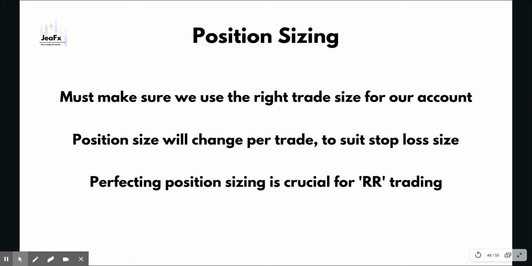We covered stop losses in the last video, and the distance that the stop loss has from the entry is going to determine how big of a position size we use on that trade. If we have a very tight stop loss, our position size can normally be quite big because we are not allowing too much room to move.